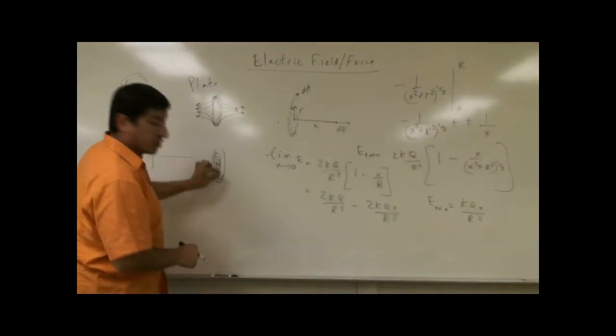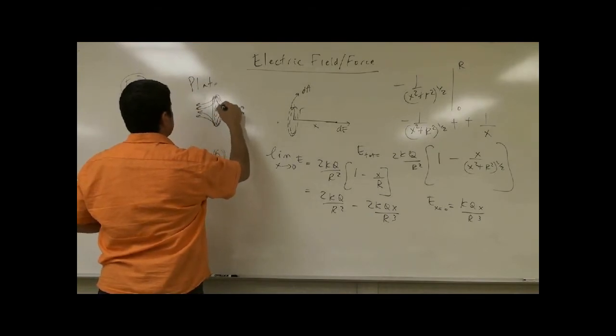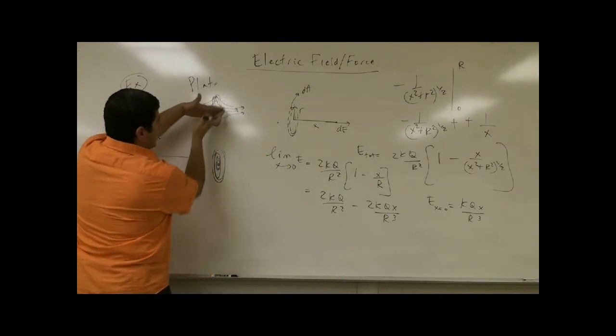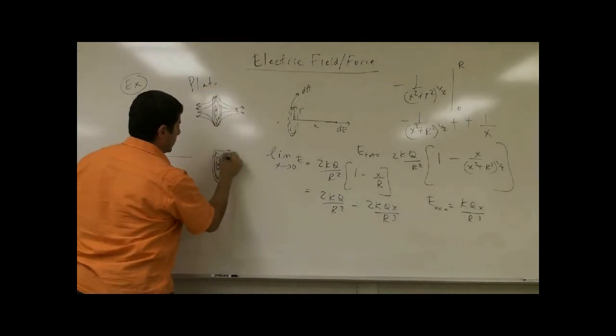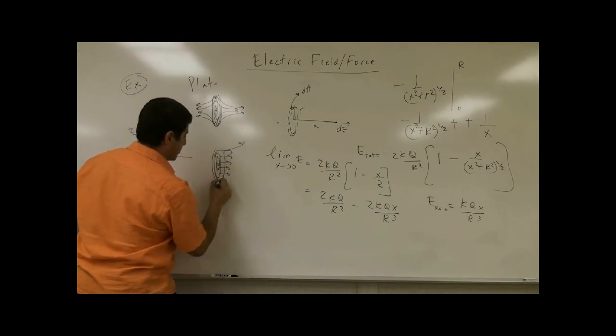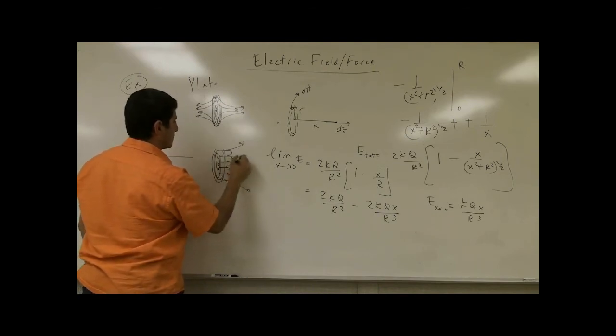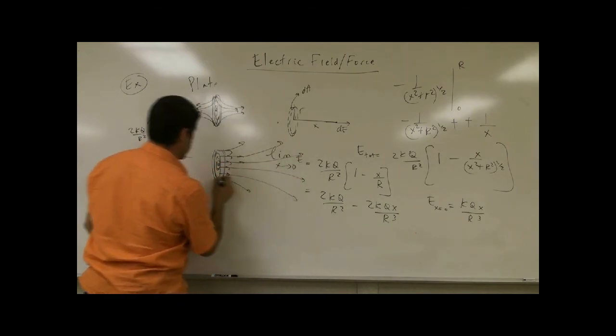But when you have a bunch of rings, what's going to happen? When you have a bunch of rings like this, like this, like this, like this, those electric field divergences are going to be straightened out, and you're going to end up with electric field like this. And it's only going to diverge towards the ends, okay? Or as you go out very far away, right? Like this.